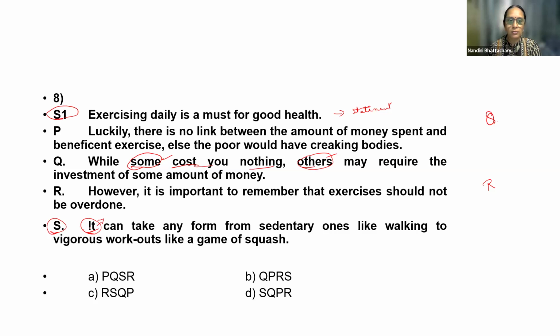We need something referring to it before that. What is the "it"? Is it referring to exercising daily? Because if you look at the other sentences, that "it" is not clear. So after S1, we come to S.